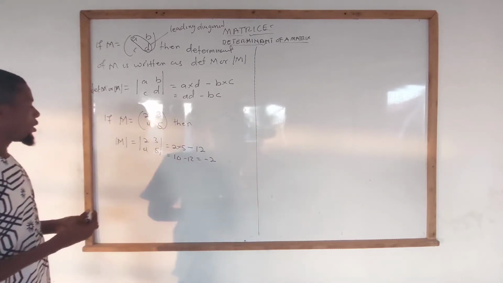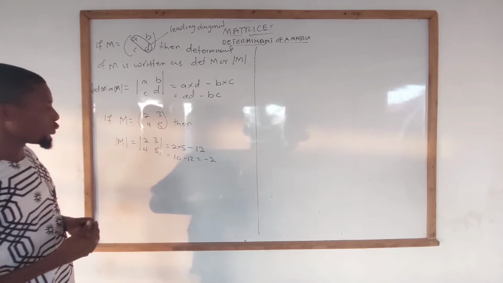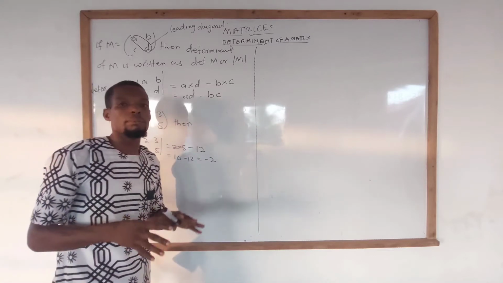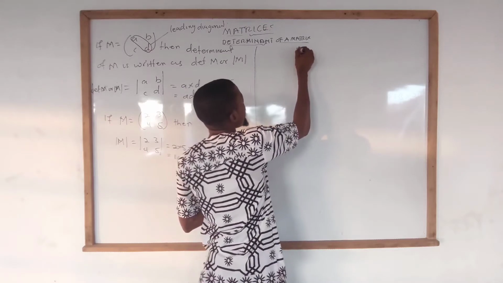Alright, this is how we find the determinant of a 2 by 2 matrix. Now let's look at how to find the determinant of a 3 by 3 matrix.